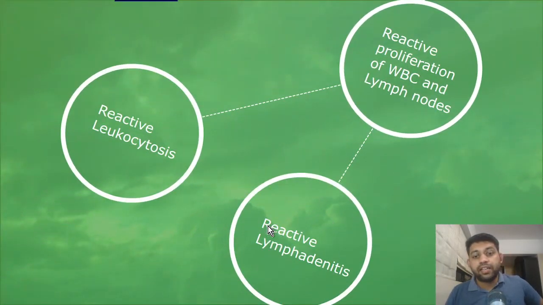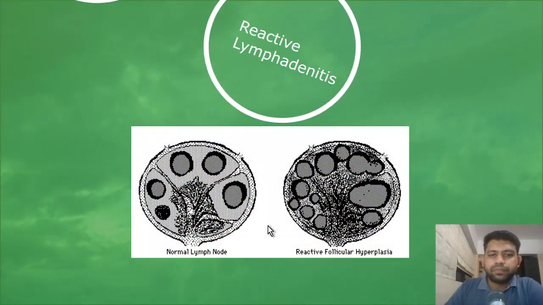Coming to reactive lymphadenitis. A normal lymph node looks like this, and reactive follicular hyperplasia, which is the most common cause of lymph node enlargement, looks like this. It usually occurs when there is a bacterial infection.